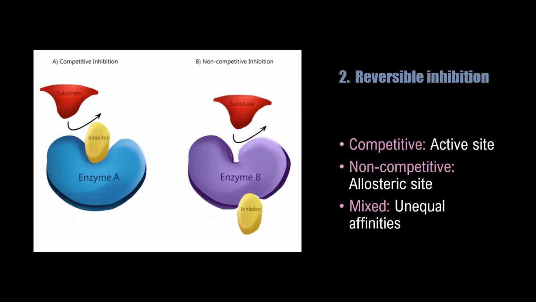In non-competitive inhibition, we have the inhibitor binding to a site other than the active site, which is the allosteric site. And when it binds to the allosteric site, it results in the enzyme undergoing a conformational change that changes the active site and prevents the binding of the substrate.